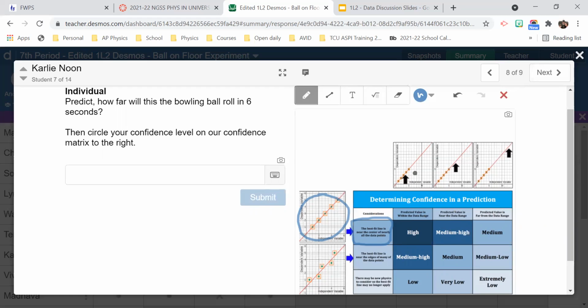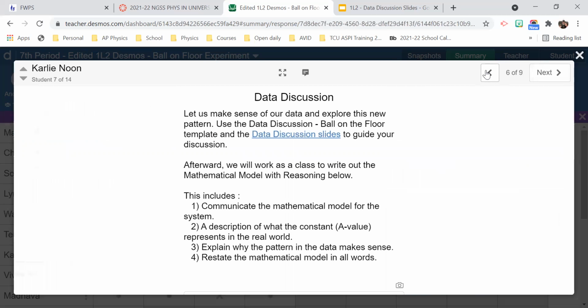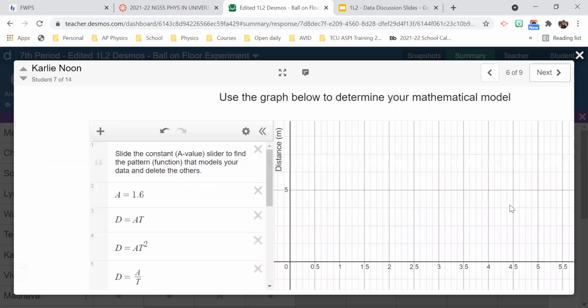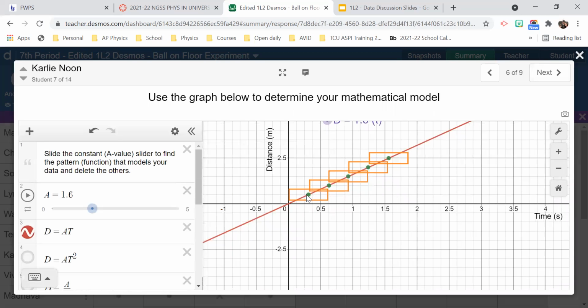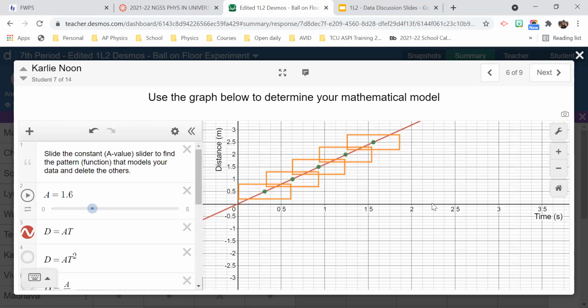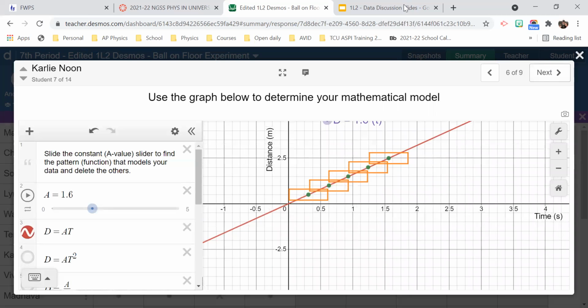So now, is the predicted value of, again, 6 seconds within our data range? Oopsie. Remember, our data range is from 3 seconds up to about maybe 1.7 seconds. So I don't think that we're in it.